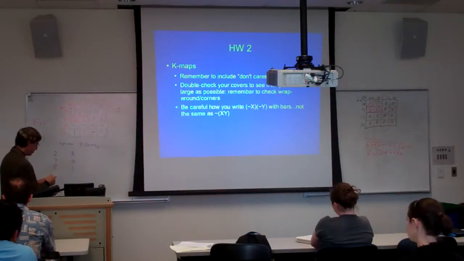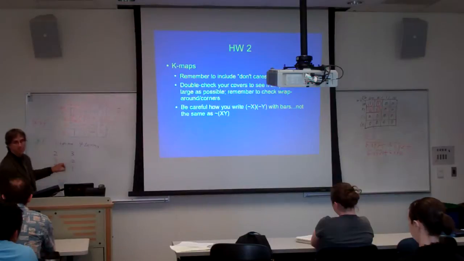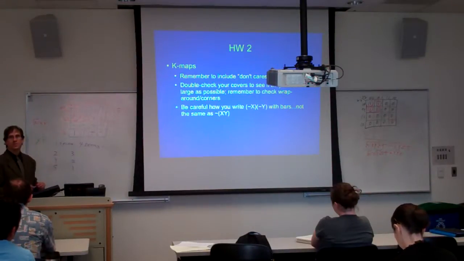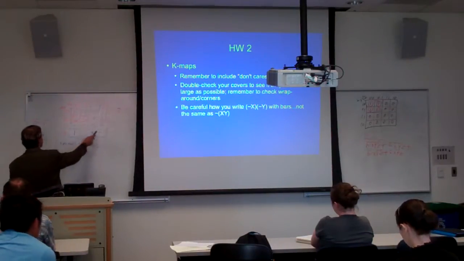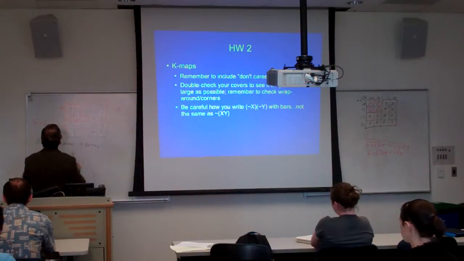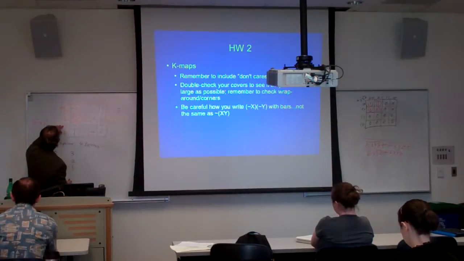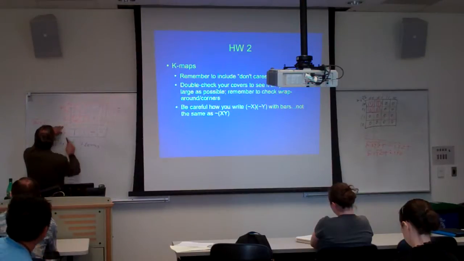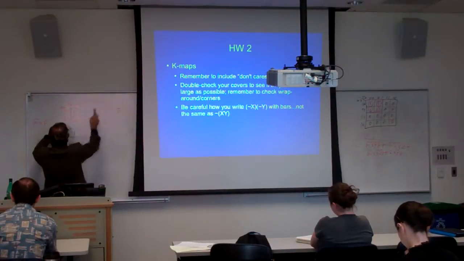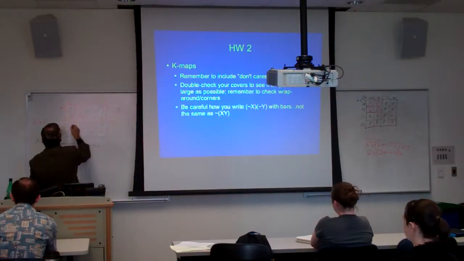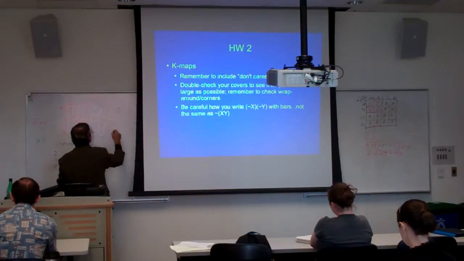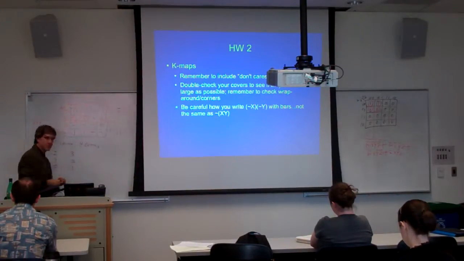The more squares you cover with your rectangle, the fewer terms you need in your logical expression. So if you include all 8 of these, W would have to be 1, X wouldn't matter, Y wouldn't matter, and Z wouldn't matter. So this coverage right here, that's just W. You don't even need any logic.